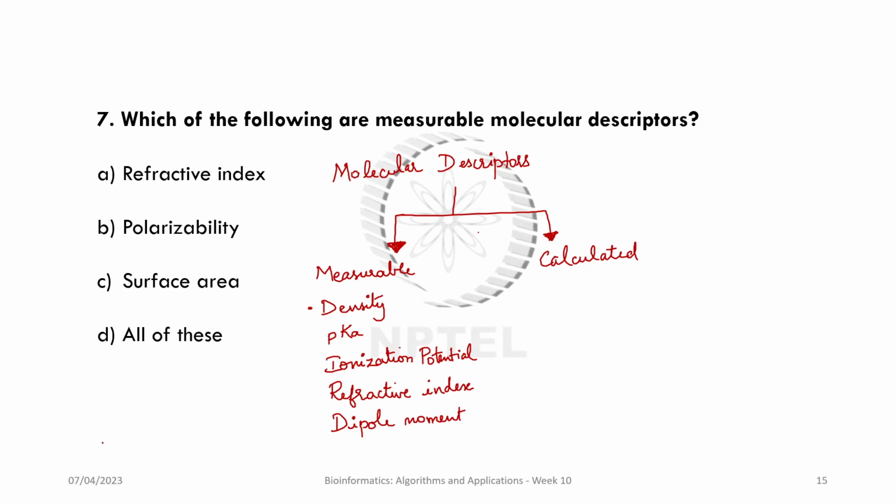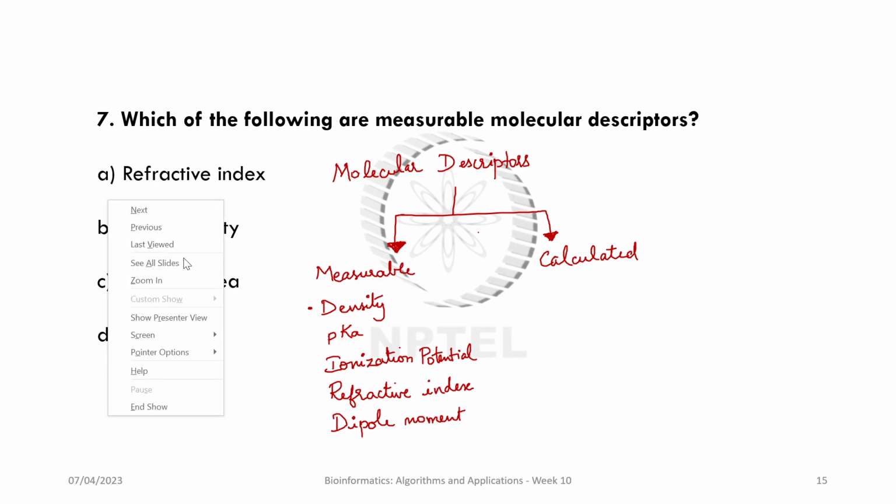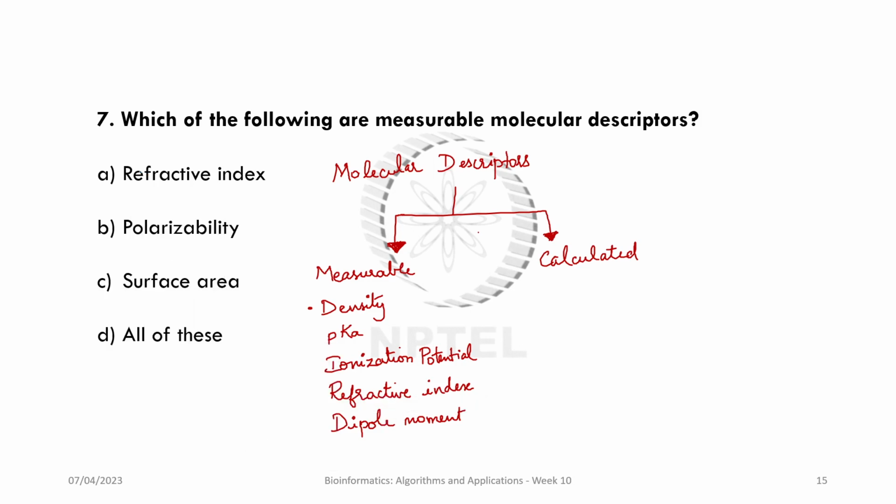and under calculated descriptors, molecular descriptors, you have surface area, molecular volume, polarizability.